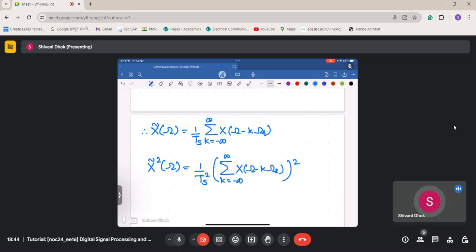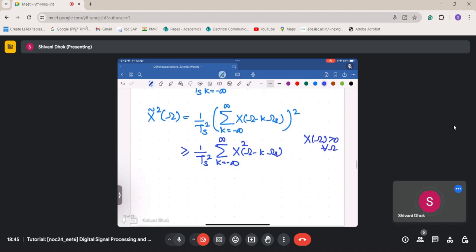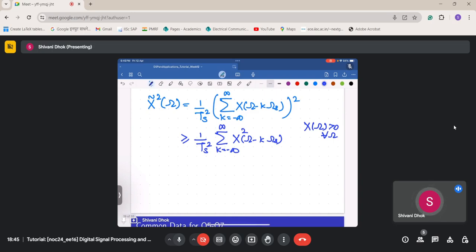Another thing that is given to us is this x of omega is greater than 0 for all omega. And when this is happening, then square of sum will be greater than or equal to sum of squares. So this is equal to 1 by Ts square into summation k running from minus infinity to infinity x of omega minus k times omega s square. This is true. So this we are having here.